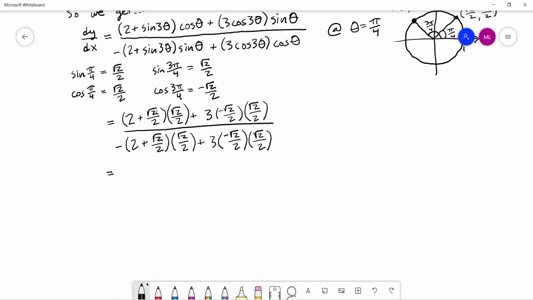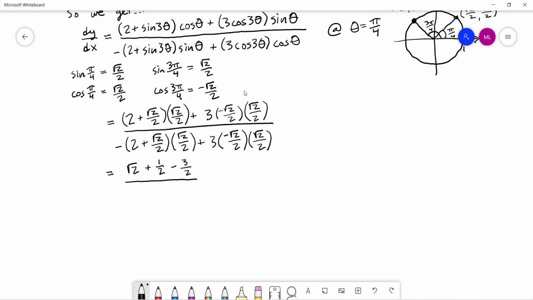When I distribute this through, I will just simply get a root 2. And when I do this times this, I'll get on top a 2, and on the bottom a 4, so plus a half. So 2/4 is the same as a half. And then over here, this is a negative sign. It's a negative 1/2 with a 3, so minus 3/2.